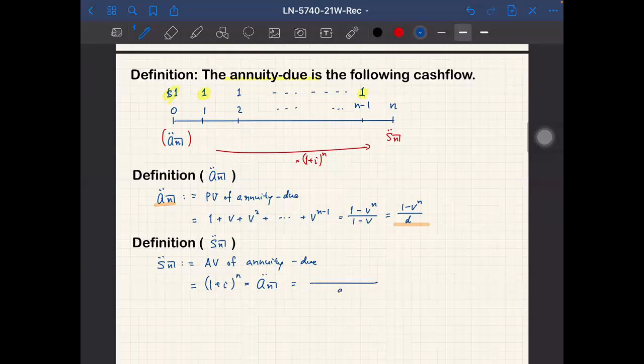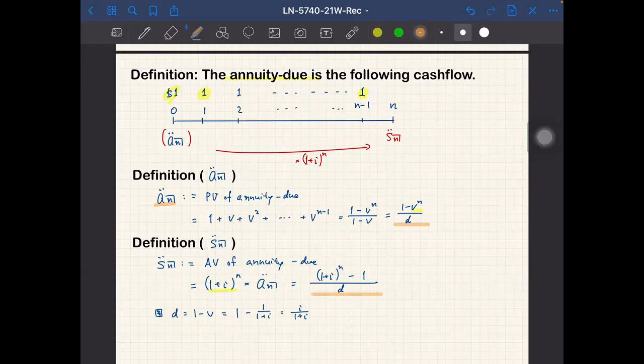The 1 plus i to the nth power and the v to the nth power cancel, so we get 1 over d minus 1. Remember that d is 1 minus v, which is 1 minus 1 over 1 plus i. So this is i over 1 plus i. And this is the formula for S double dot n.